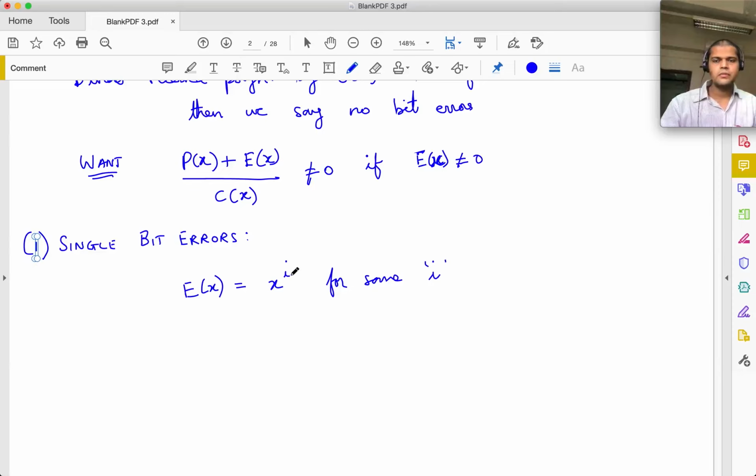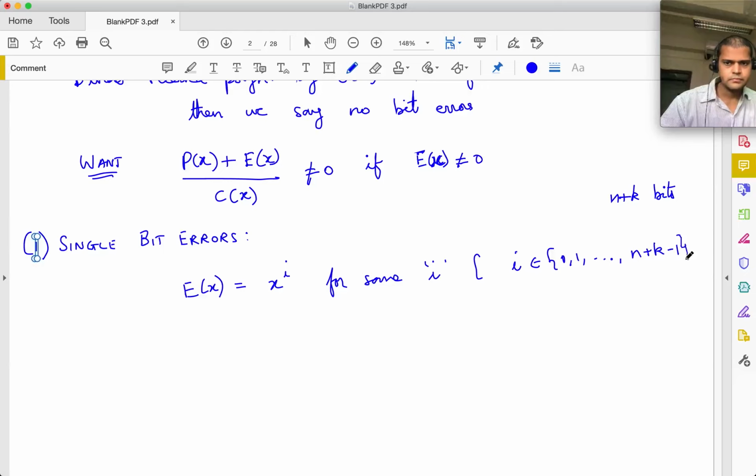And i can go from 0 all the way to the last bit. We said there are n plus k bits, so i can go from 0 to n plus k minus 1.